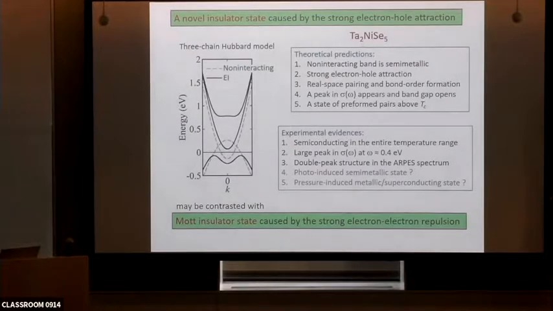We don't make any calculation for that at the moment. Actually, now we are calculating the finite temperature phase diagram, including the finite temperature spectral function. And we have already obtained a preliminary result. And I think it's not too wrong.